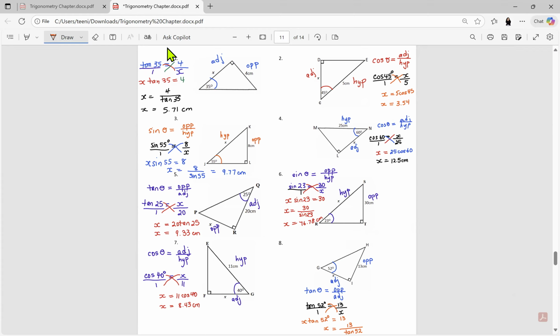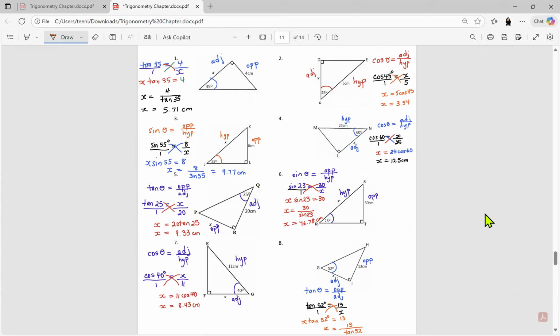So like in this example, in question 1, you had tan of 35 is equal to 4 over x. If you cross multiply, it'll be x multiplied by tan 35 is equal to 4 times 1, which is 4. And therefore, if x multiplied by tan 35 is 4, then you would have to divide by tan 35 on both sides to get rid of the tan 35 on the side with x. So x would be equal to 4 divided by tan 35. You type that directly into your calculator and you will get the answer.